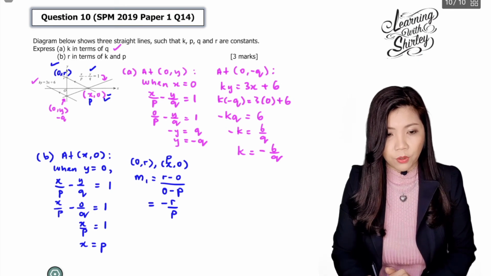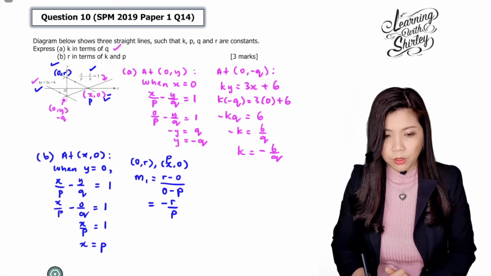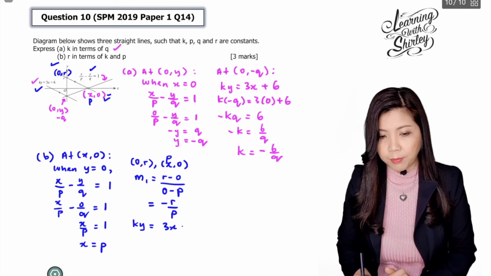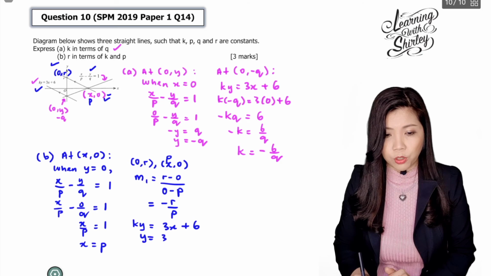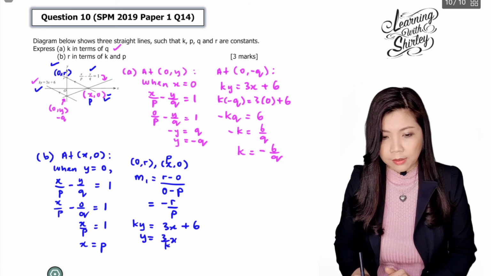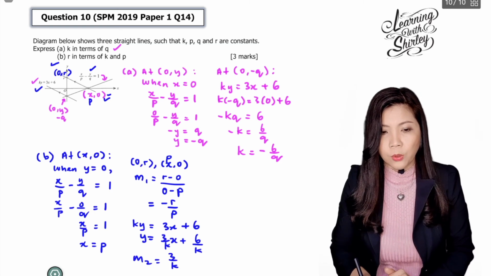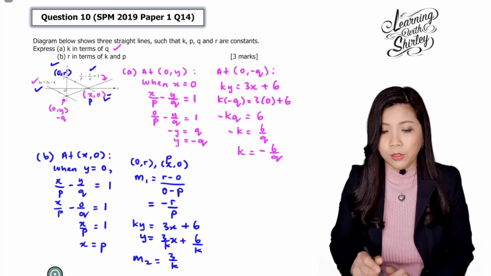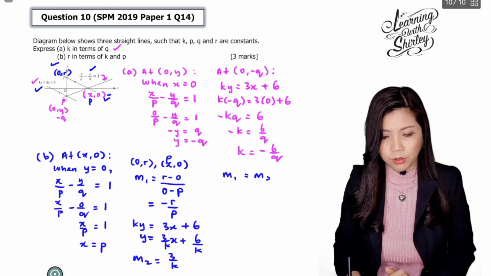Then as for this equation, the gradient would be m2, so I'm going to write it over here: ky equals 3x plus 6. I change it to the form y equals mx plus c, so it will be y equals 3 over k, x plus 6 over k. Therefore, my m2 is 3 over k. Since both of the lines are parallel to each other, m1 equals m2.